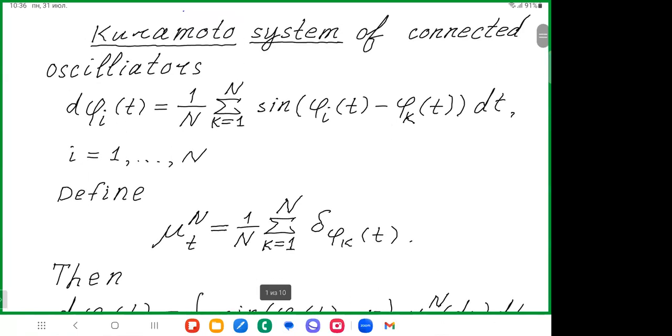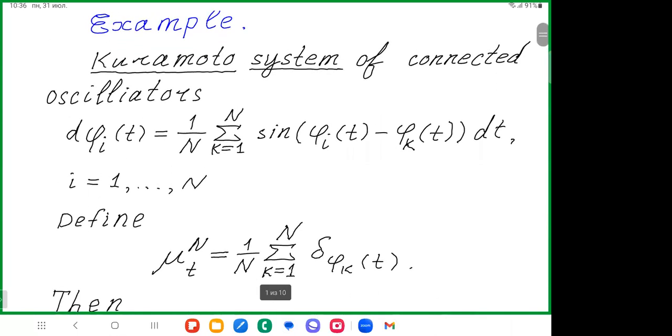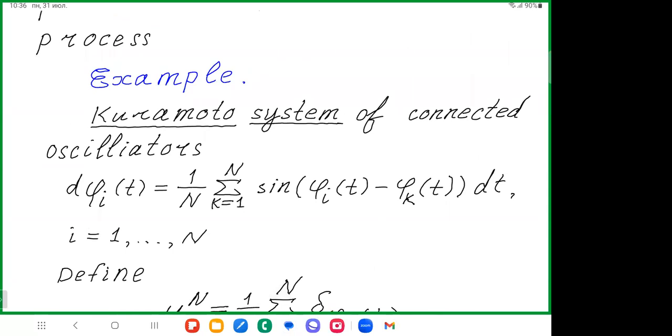But also let me go back to the initial equation. You can see that the right part contains only differences between different phi's. So it is very natural to say that, excluding very rare cases, one cannot expect a stationary point for all systems. And it is exactly what happens.